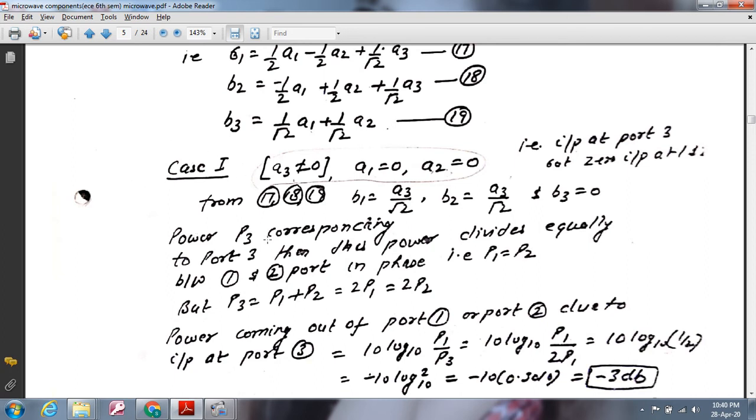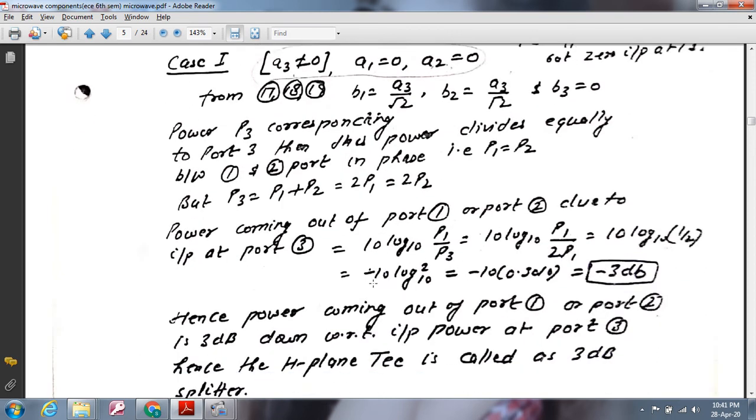So these are the corresponding outputs for case number 1. Now power at port number 3 divides equally between port number 1 and port 2 in phase, that is P1 equals P2, but P3 equals P1 plus P2, or twice P1, equals twice P2. Now the power coming out of port 1 or port 2 due to input at port 3, we have considered input at port 3 only.